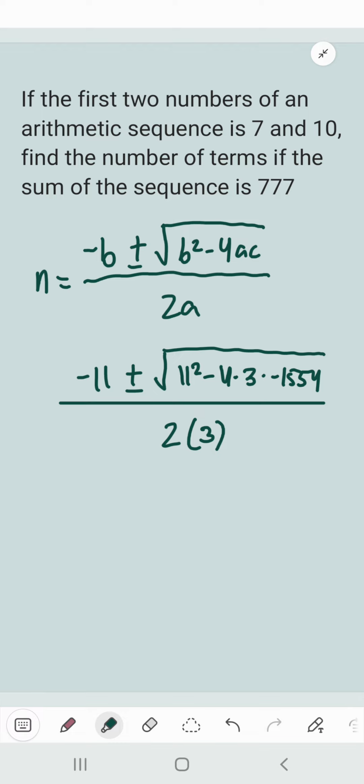And after plugging in the values, we will get minus 11 plus or minus the square root of 11 squared minus 4 times 3 times minus 1554, all divided by 2 times 3. So the denominator is 6.